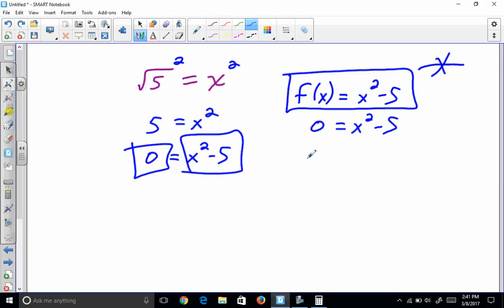We would need our derivative, which is 2x. So when we made an initial guess, we would plug it in. We can square any number by hand, just multiply it times itself. And we can subtract 5 from any number. When we do f divided by f prime, that's something you can do by hand. You wouldn't necessarily want to, but you could. So we could do this entire situation without even having to use a calculator.